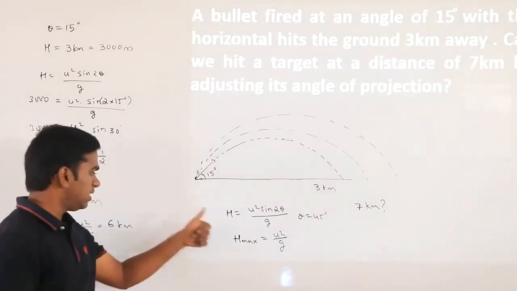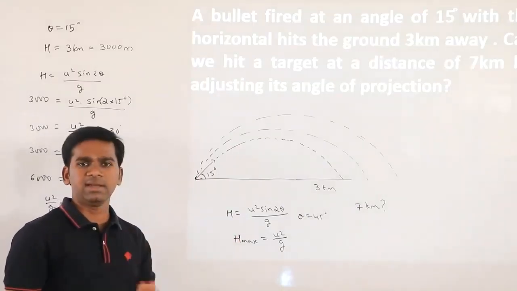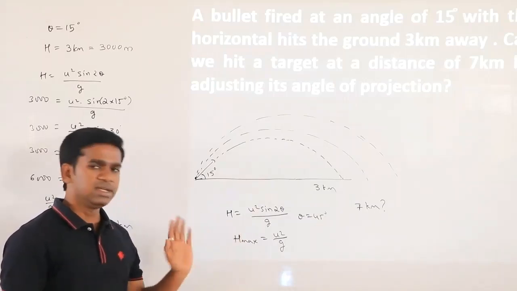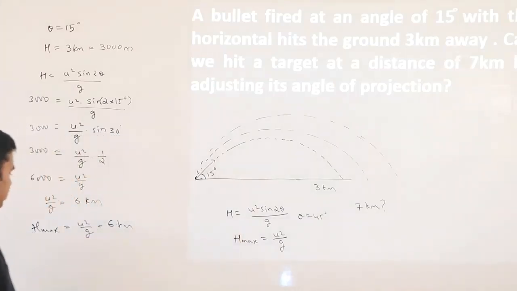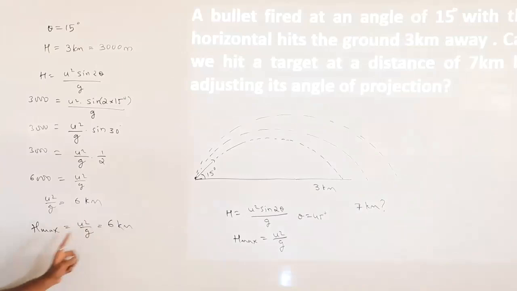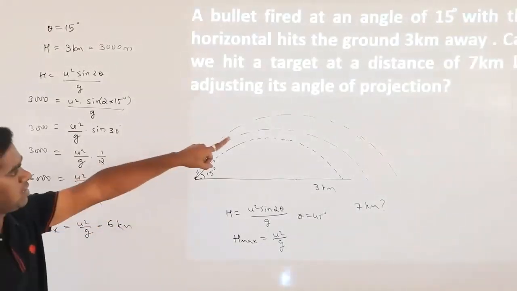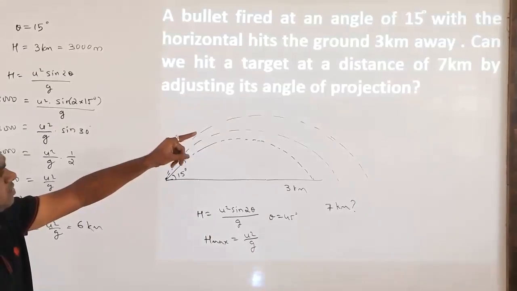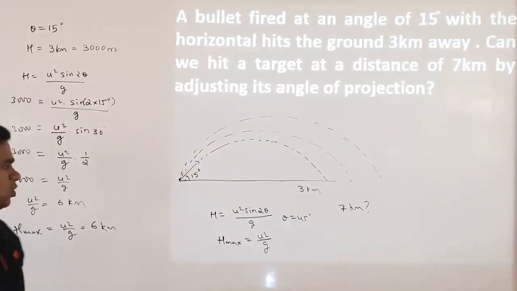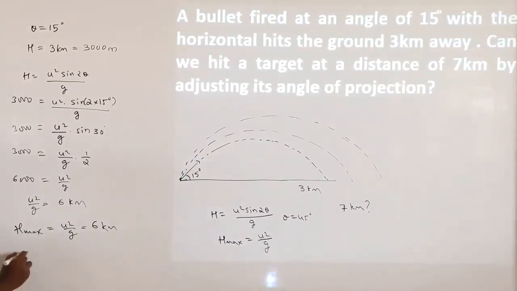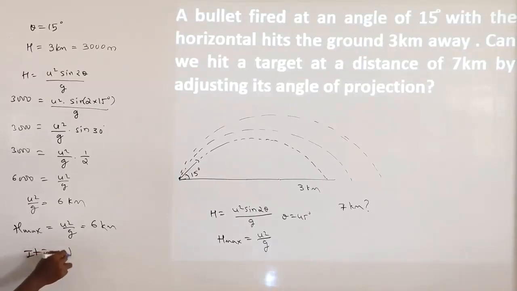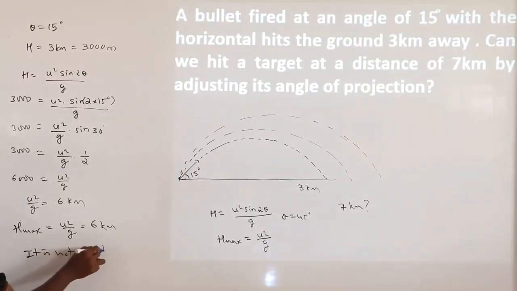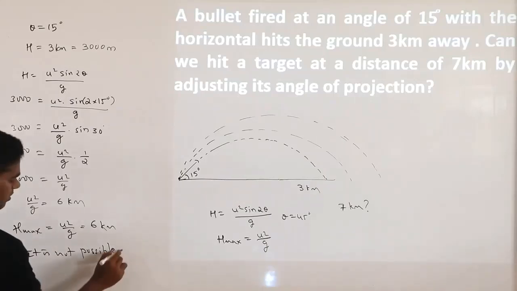Because that is the maximum horizontal distance it can travel. You cannot go beyond that maximum horizontal distance, and that maximum horizontal distance is 6 kilometers. But what they are asking is, is it possible to hit the target at a distance of 7 kilometers? So obviously it is not possible.